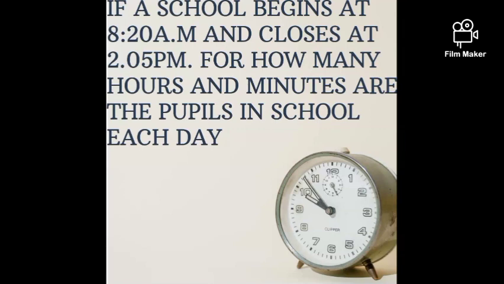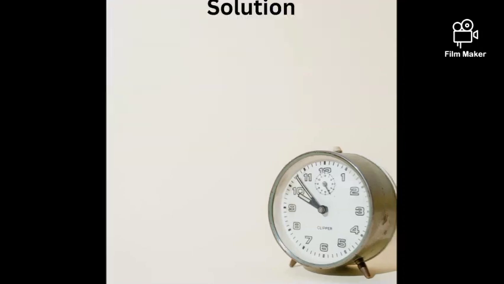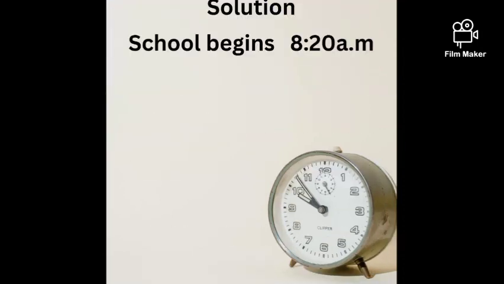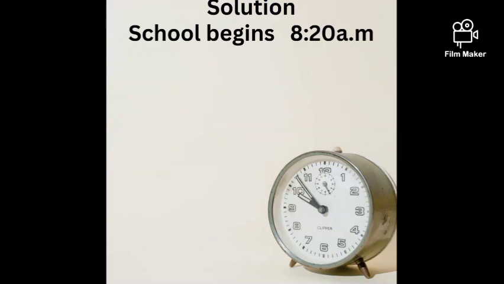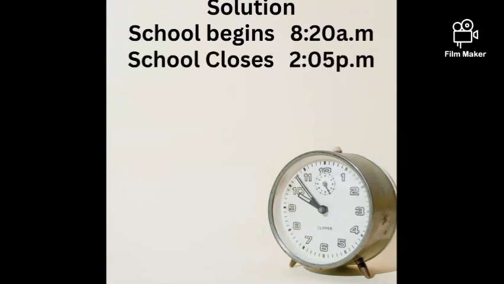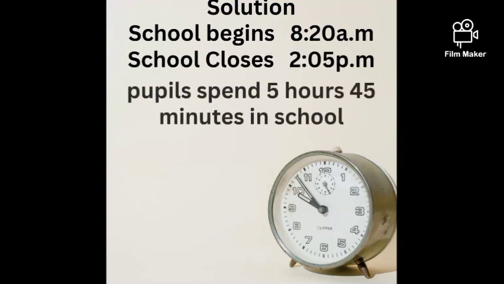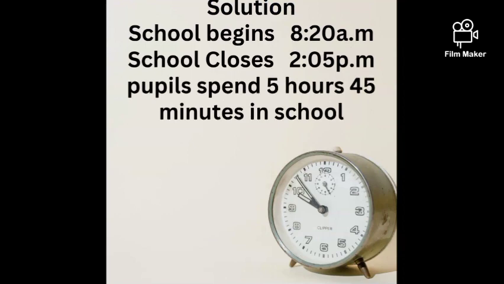Another example. If a school begins at 8:20 a.m. and closes at 2:05 p.m., for how many hours and minutes are pupils in school? Begins at 8:20 and closes at 2:05. So the students must have been in school for 5 hours 45 minutes. How did I get 5 hours? From 8 to 2 is 6 hours, right?